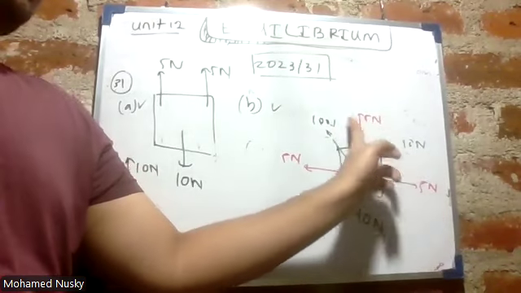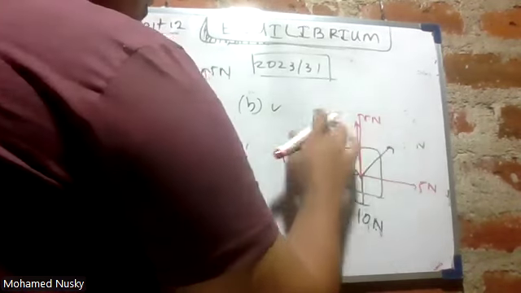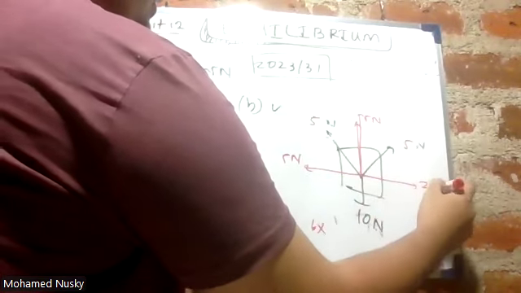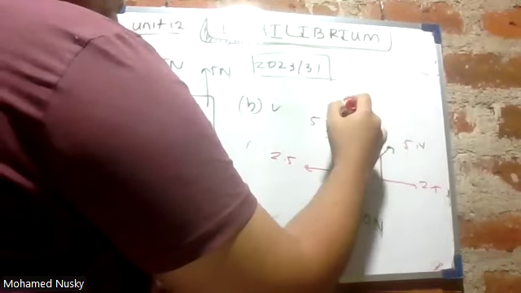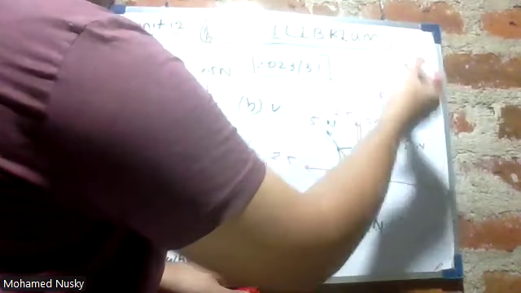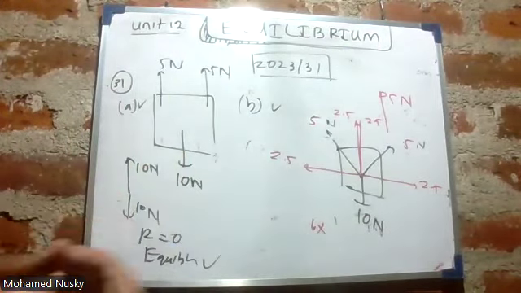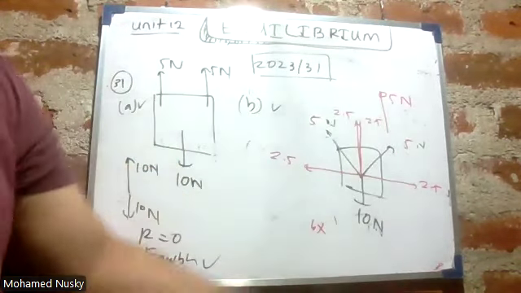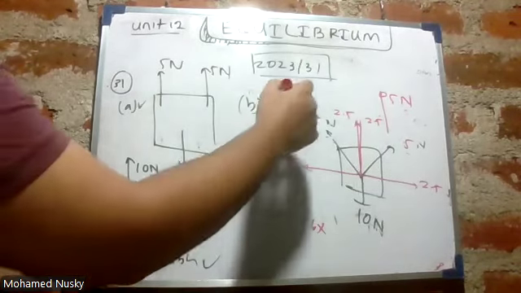When they are resolved, a 5 Newton force gives 2.5, half of it, in each component. Altogether, there will be 5 Newton in the upward direction. Down 5, up, down 10, up 5. Therefore, the resultant force will be 5 Newton in the downward direction. This object will move downward. Therefore, B is not the answer.